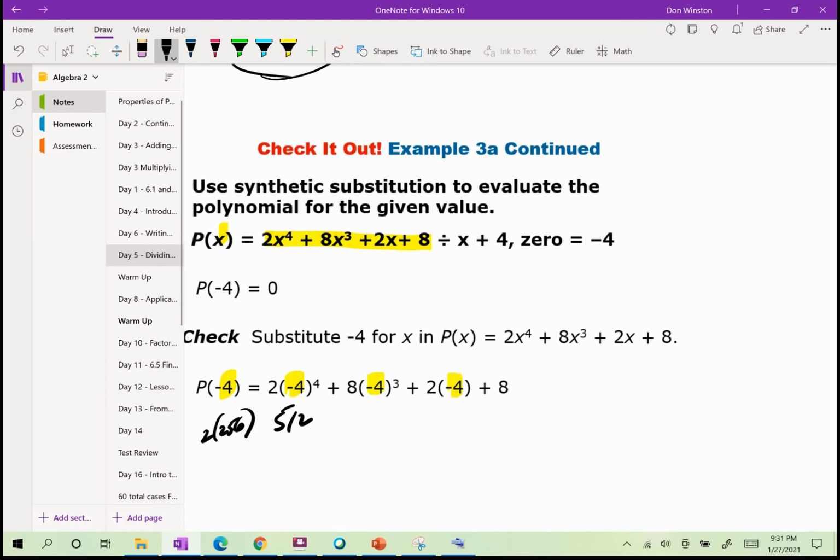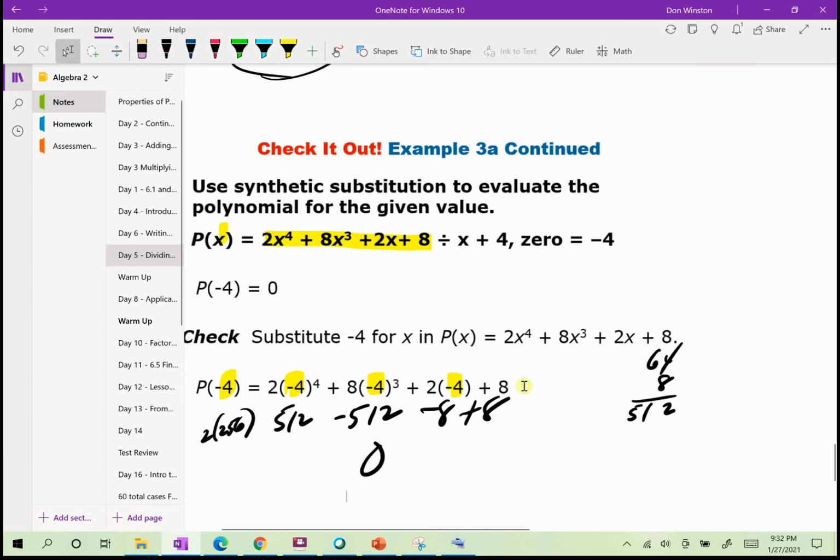Then negative 4 to the third is negative 64, and 8 times negative 64 is negative 512. Then 2 times negative 4 is negative 8, plus 8 gives me 0. It works.